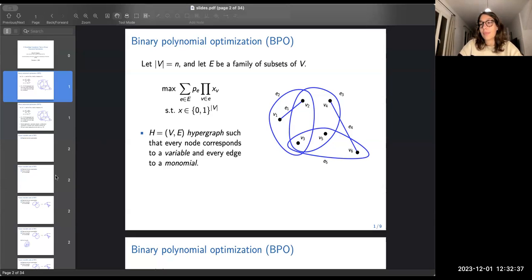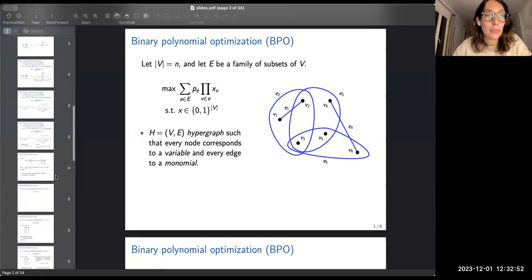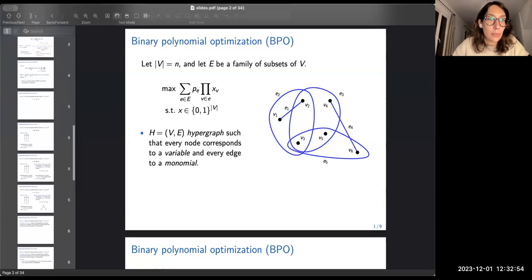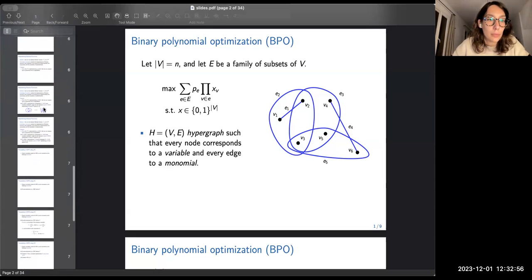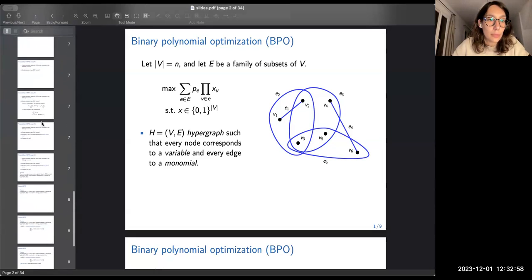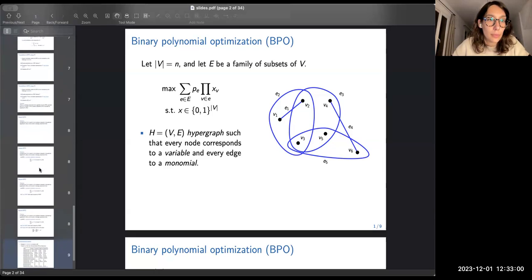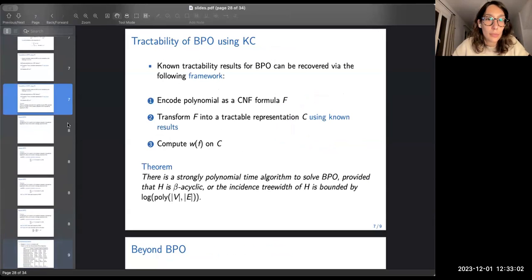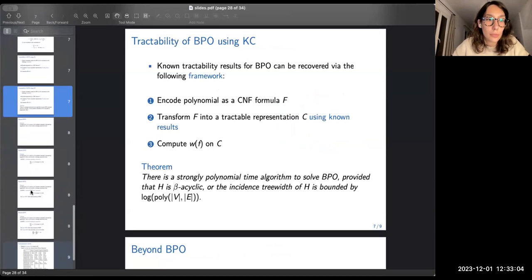My second question: have you tried to explore this method with a problem with full constraints? Not only because you are maximizing a pure binary function, but it's really very impressive, the speed up of the algorithms, but you don't have a real feasible polytope. No, we don't have a polytope at all.